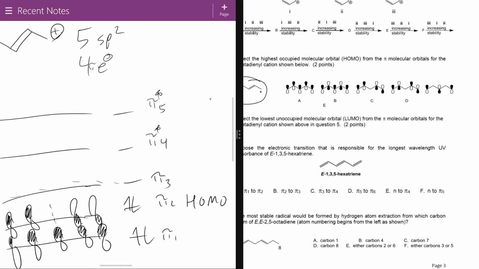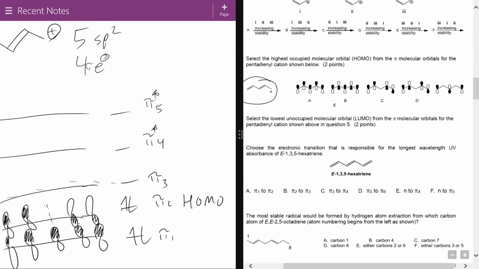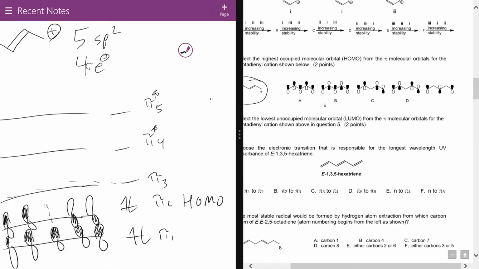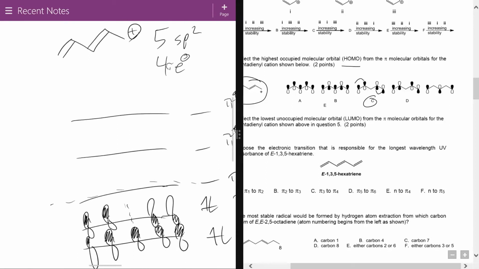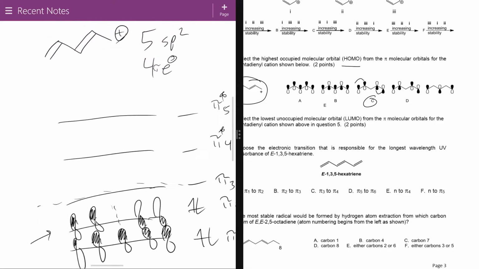So once we draw this out, we see our HOMO has 1 node, and we just look for the one that has 1 node, and that looks like this one. So C is our answer for the HOMO. Now, this energy level doesn't necessarily look like what we're given.